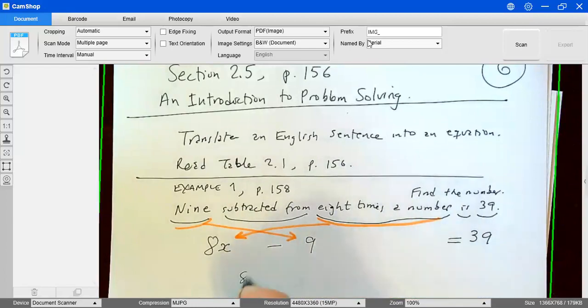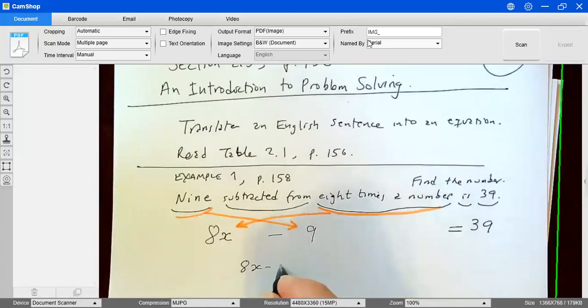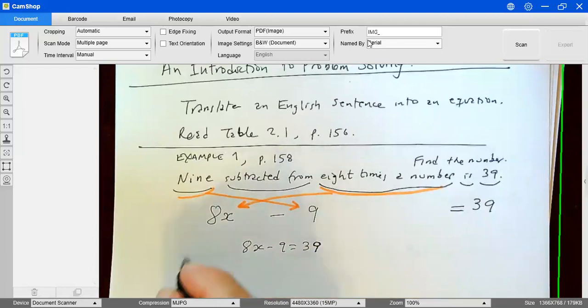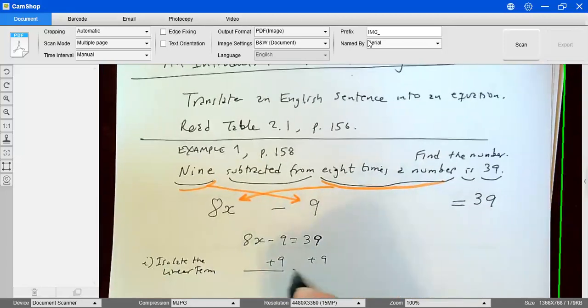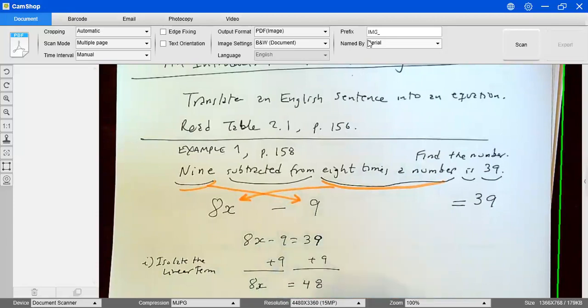Then you just need to solve the equation. The equation is 8x minus 9 equals 39, and you know the steps. First, you isolate the linear term. To do that, you add 9 to both sides of the equation, so you get 8x equals 48.